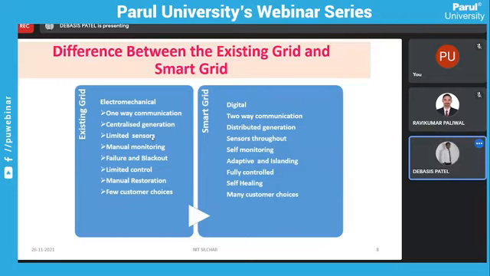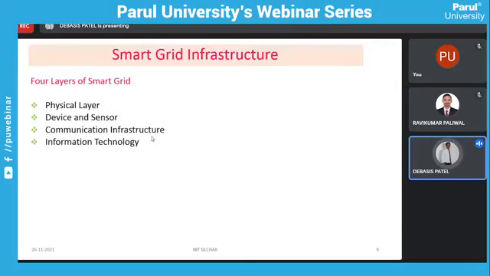But by using the sensors and automatic switches, in running condition only we can change our network condition and isolate the faulty part of the network. So these are the facilities provided by our smart grid, so that things are done easily, on time, and provide power supply more sustainably. Coming to the next slide is our smart grid infrastructure.